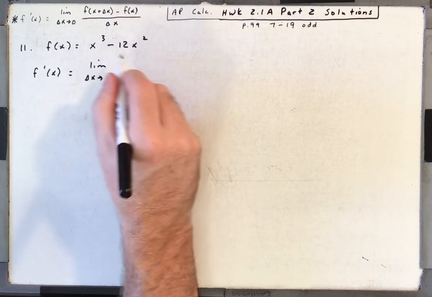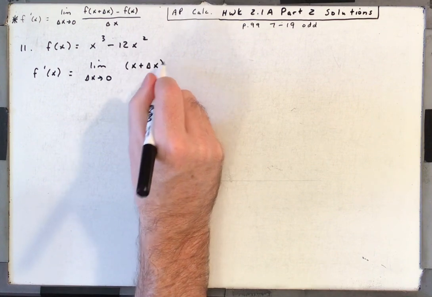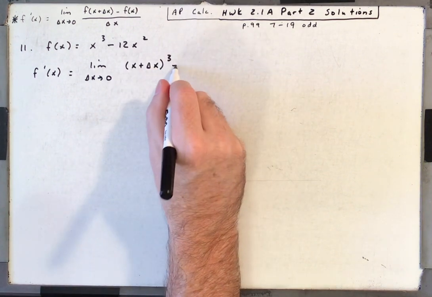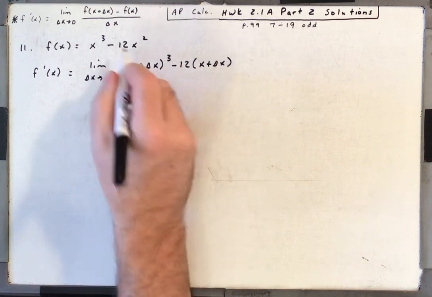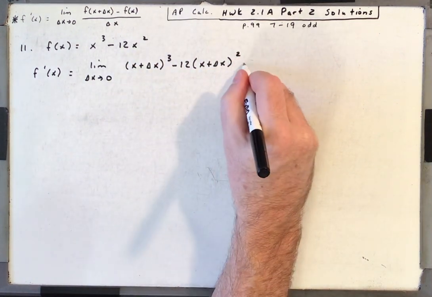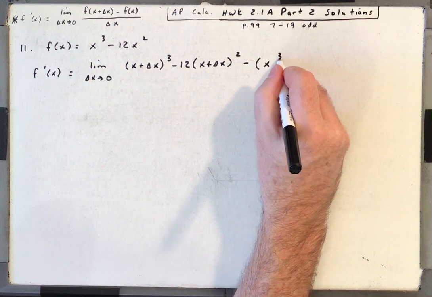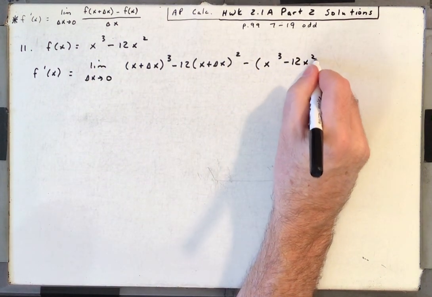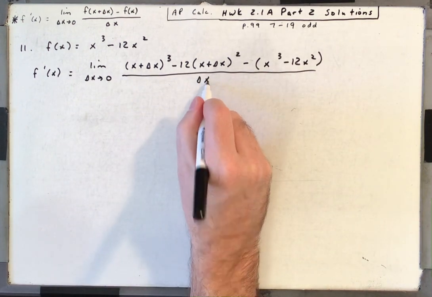Okay, everywhere there's an x, we put x plus delta x, but we have to cube it. Minus 12 times x plus delta x, but we have to square it. And then we're going to subtract out f of x, which is just x cubed minus 12x squared. All over delta x.